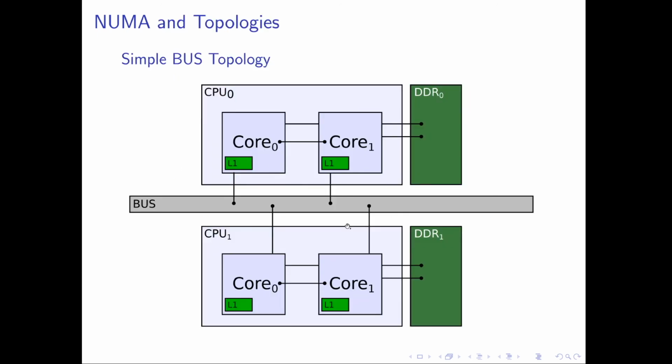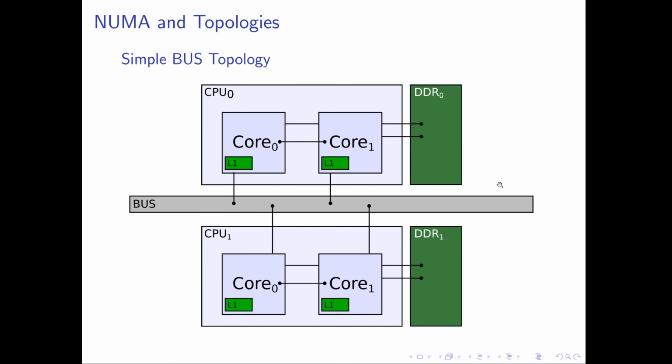This is a very simplified illustration of what such a NUMA system can look like, where we have two CPUs, and each CPU is equipped with two cores, and each CPU has its own local DDR memory. And then there's a bus that serves as an interconnect between the two CPUs.